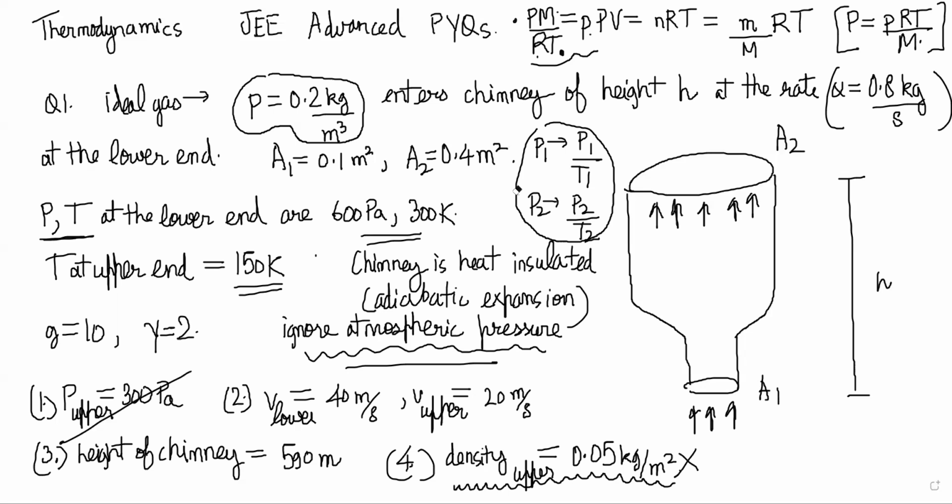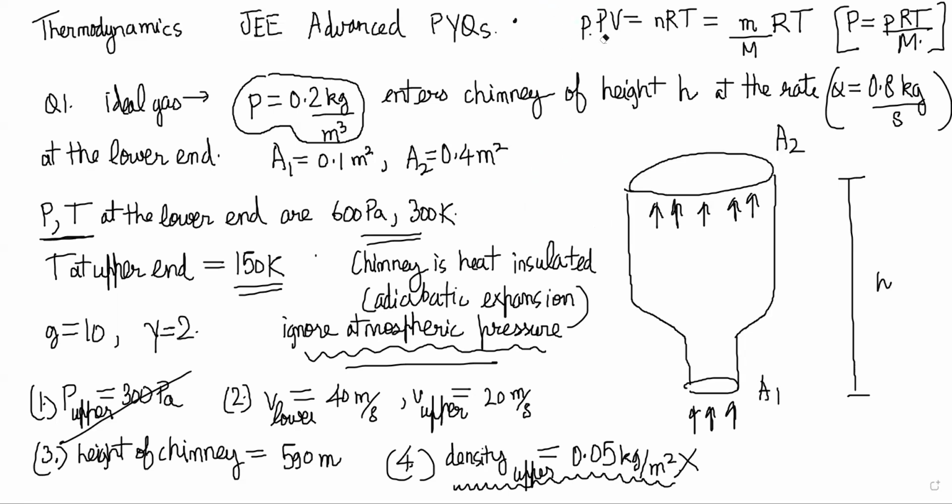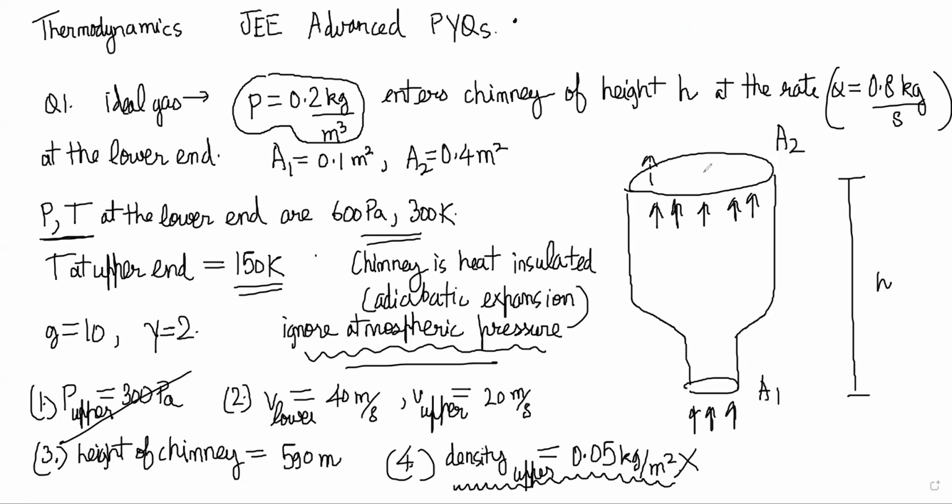So two of the options are wrong. Now let's think about the velocities, because you know density and you know the mass rate at which the gas was entering, and you now know the density at the upper end also.